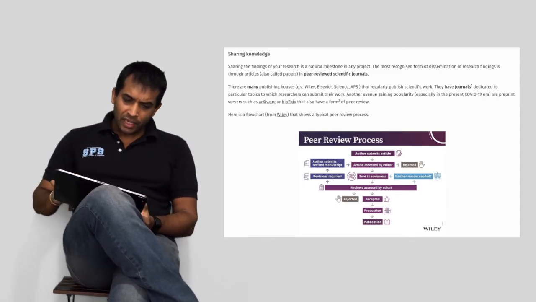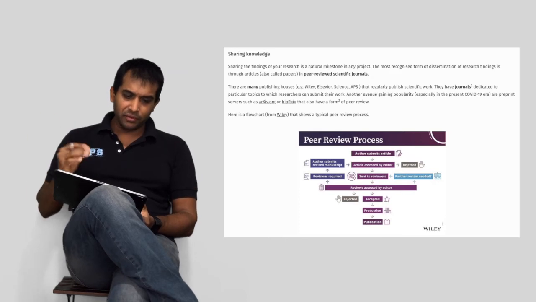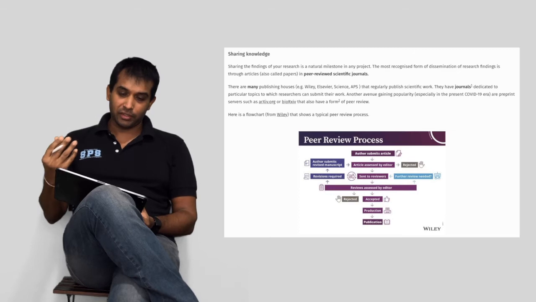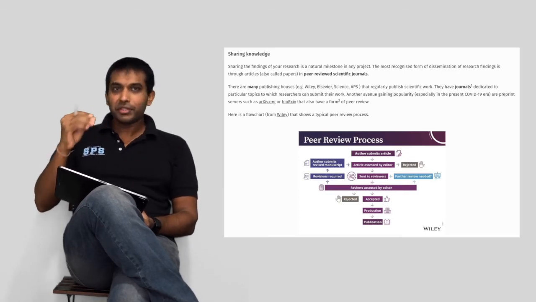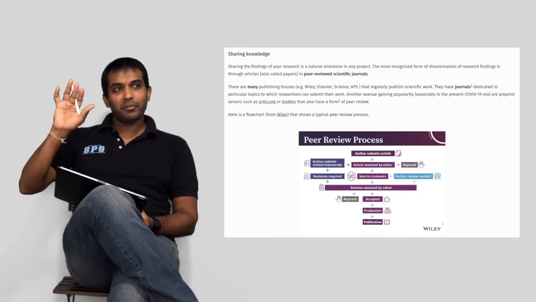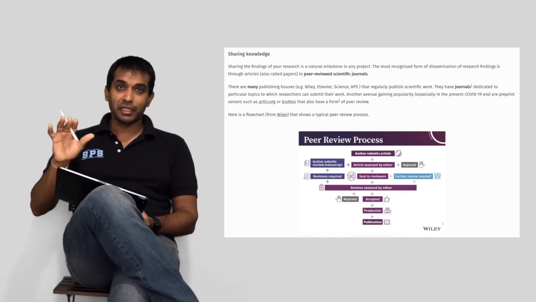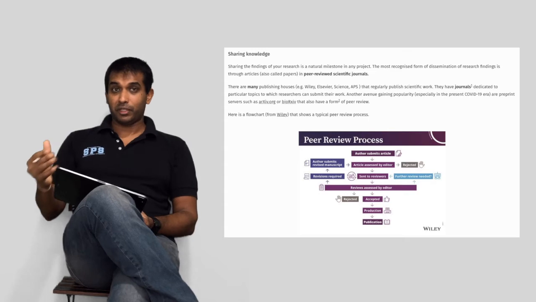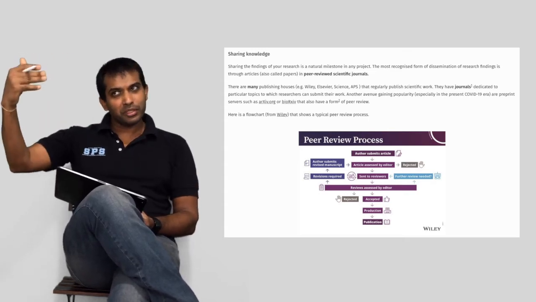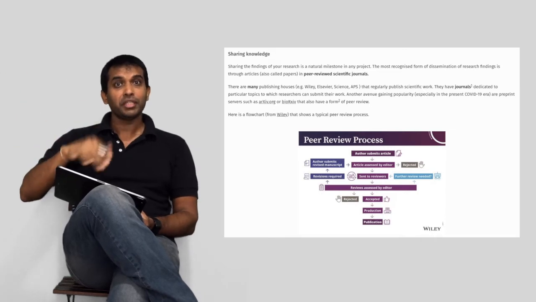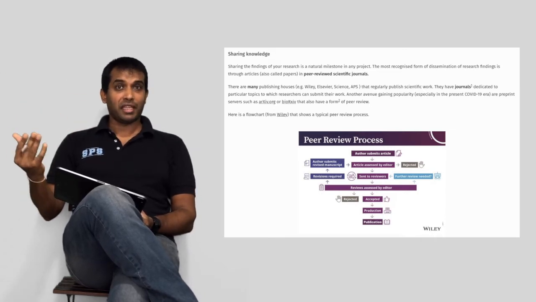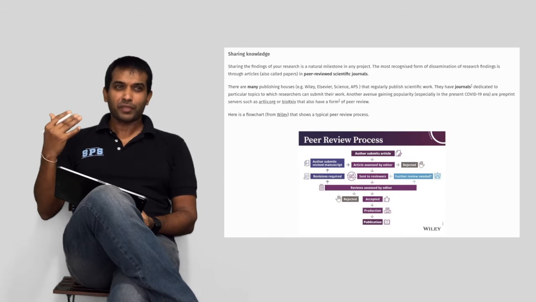So now, like I said, the reason that we have these journals is to share this knowledge, right? But journals are not just places where you publish, but they get peer reviewed, meaning that once you have a piece of work and you submit it, it goes through this slightly elaborate process of other people looking at your work to see whether it actually makes sense, whether it's actually sound.